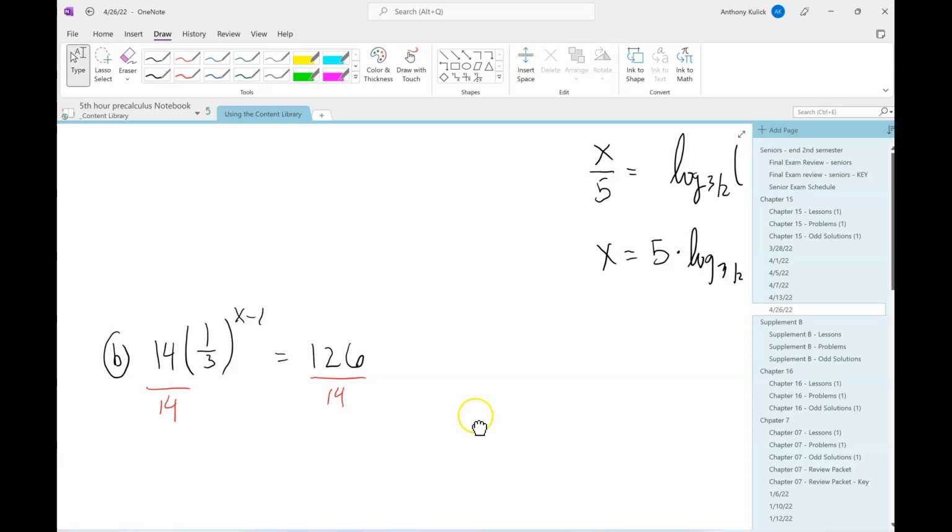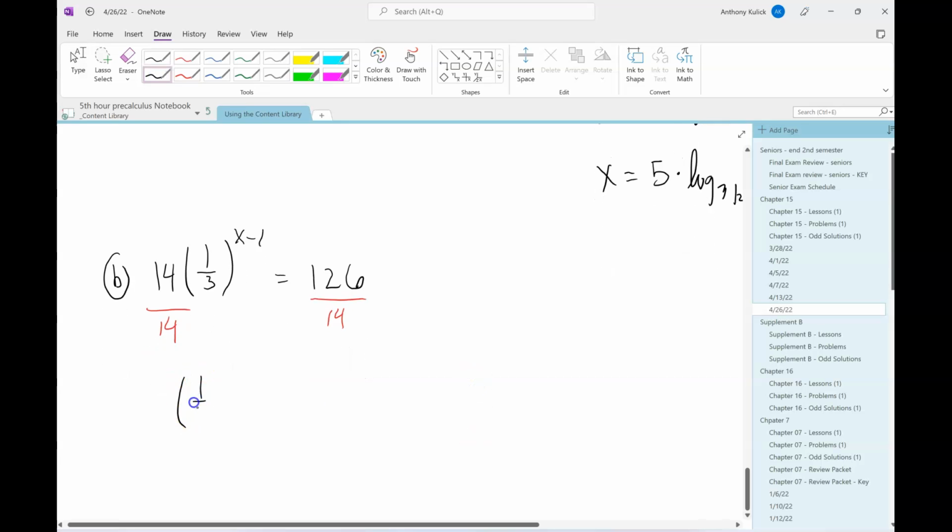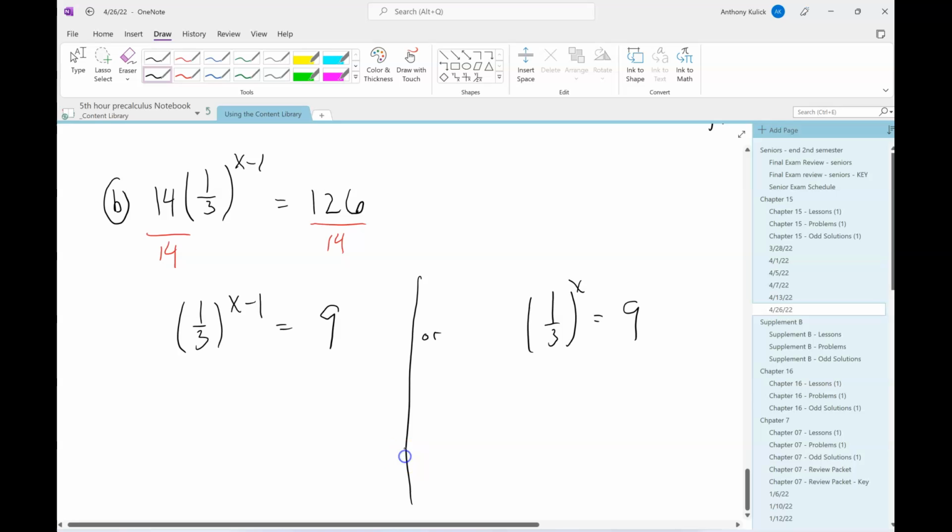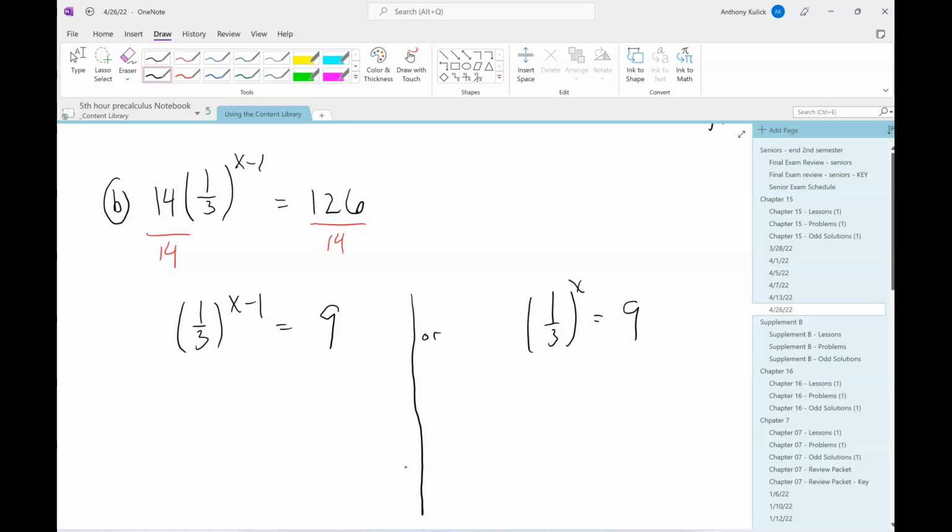Regardless of which method you're going to use, that needs to be the first step. And then I'm going to write this twice, where we're going to do one way and then the other way, just so you can again see in real time what the difference would look like.